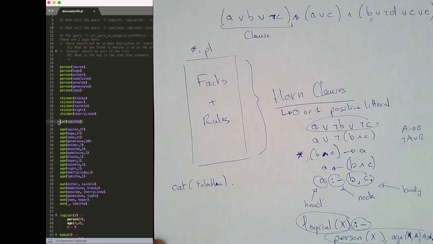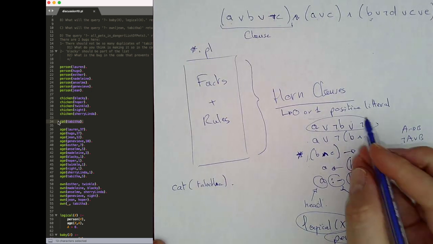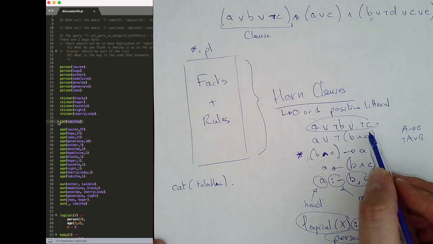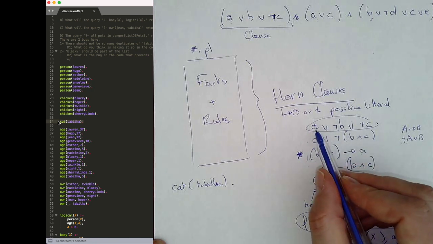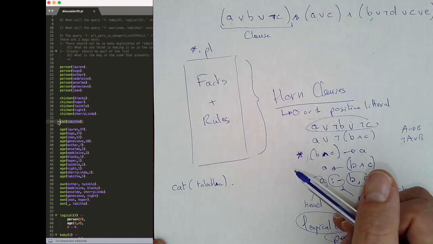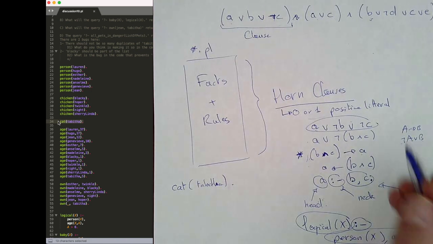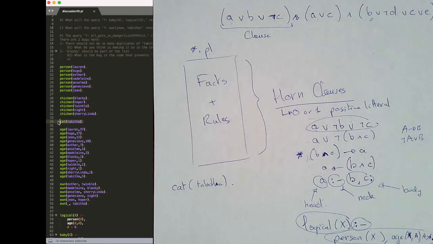Well, this is actually also a Horn clause, except it's one that has no body, so no negative literals. So you basically don't have the part after the neck. You don't need the neck. You just put the head.